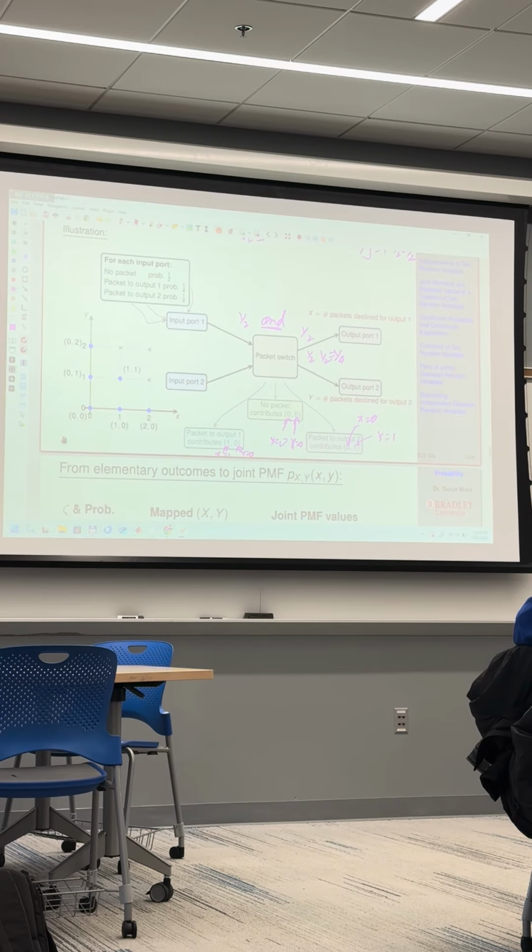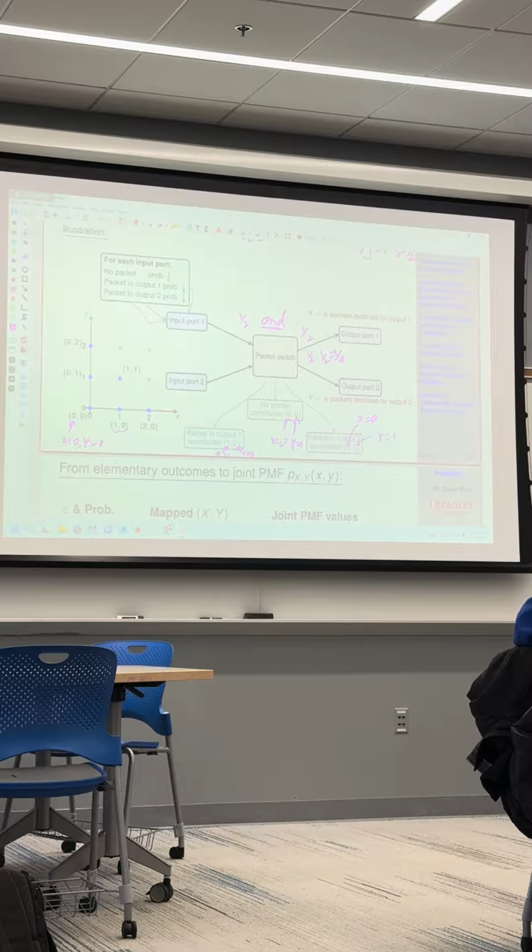In this 2D graph, try to understand here, that way it's going to be easier for you. This 2D plot shows the grid plots that are generated. So this 0,0 means X equals 0, Y equals 0, which means the number of packets arrived in output port number 1 is 0, and the number in output port number 2 is 0.